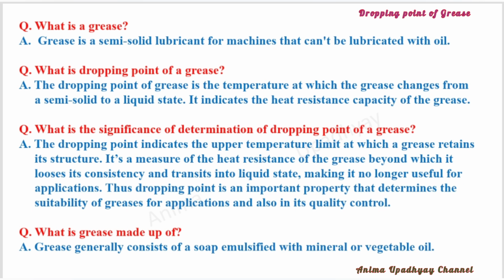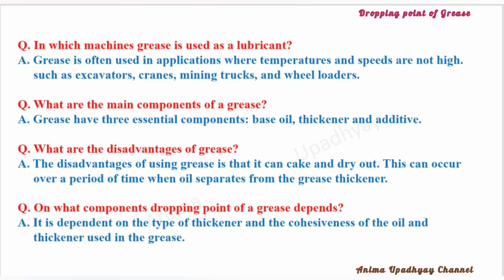What is grease made up of? Generally, greases consist of a soap emulsified with mineral or vegetable oil. They could be sodium, calcium, lithium soaps. In which machines is grease used as a lubricant?